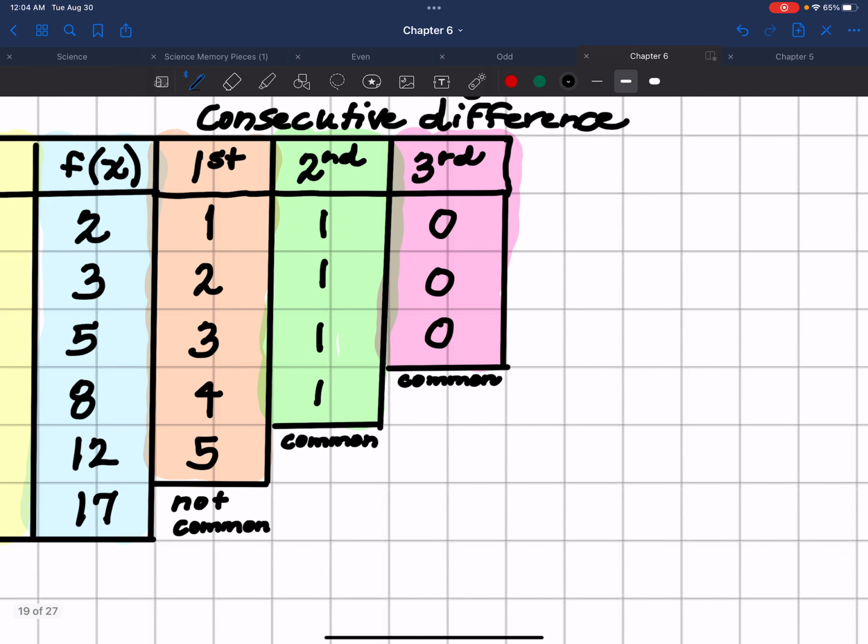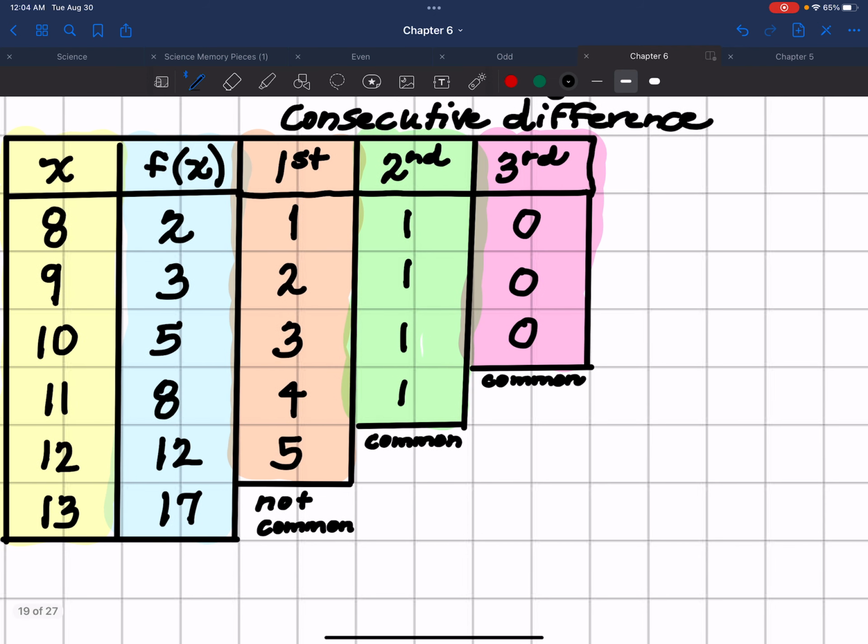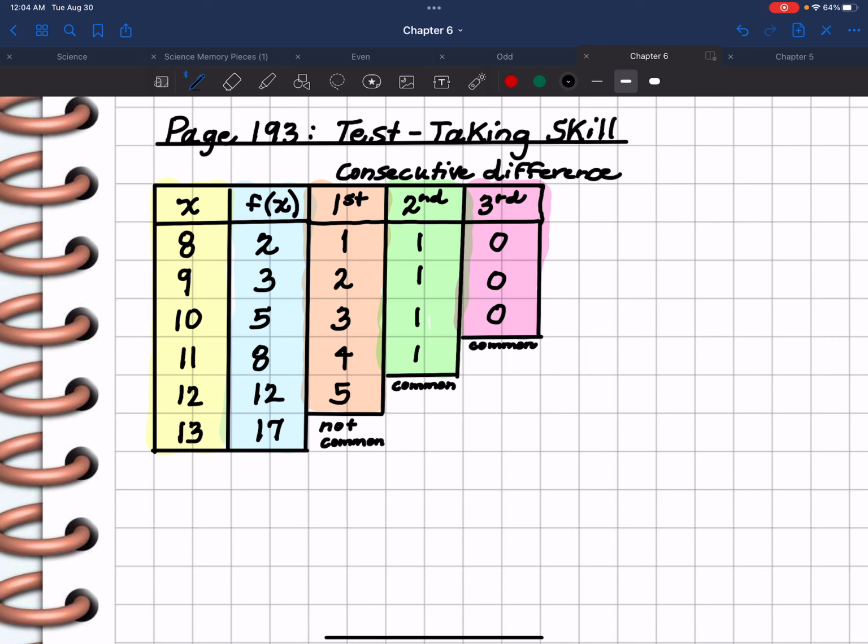Is f of x a quadratic function? What information in the table is not needed to answer this question? Well, I know that first degree functions, if it's first degree, let's do it this way.